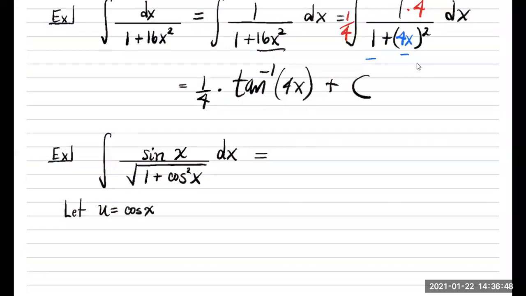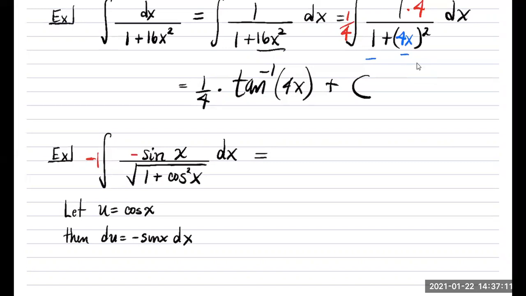So I'm going to let u equal the cosine of x. Then du is equal to minus the sine of x dx. And I have all of that in the numerator except the minus sign. So let's fix that. Let's multiply by a -1 on the inside and a -1 on the outside.